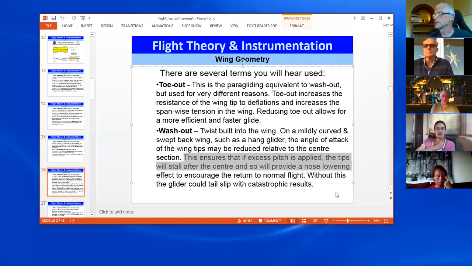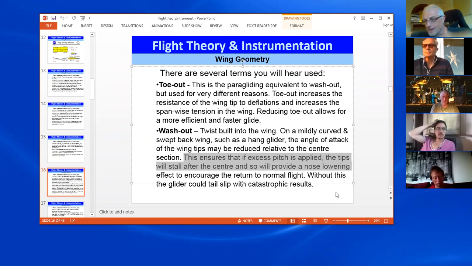It basically means that because of the washout, if excess pitch is applied, then the tips will stall after the center, and so will provide a nose-lowering effect to encourage return to normal flight. So it's basically an aerodynamic thing to stop a hang glider from just bouncing to the ground nose first.